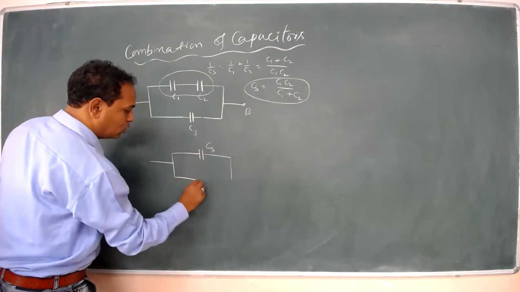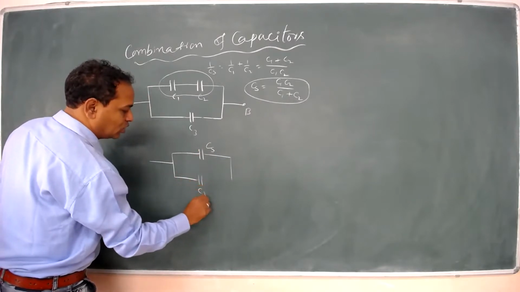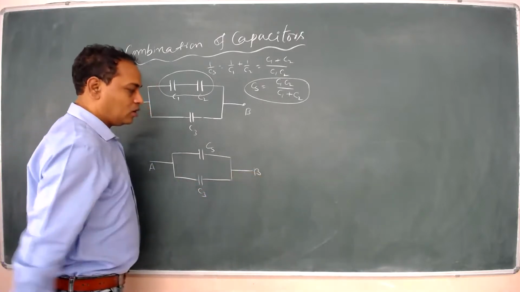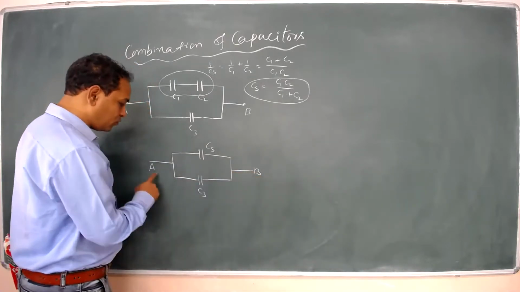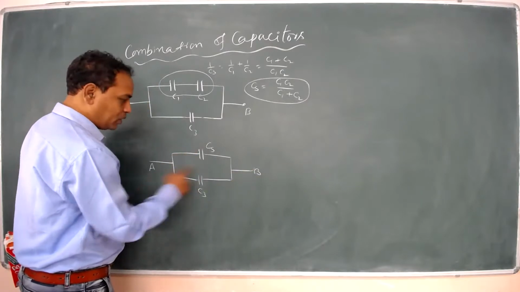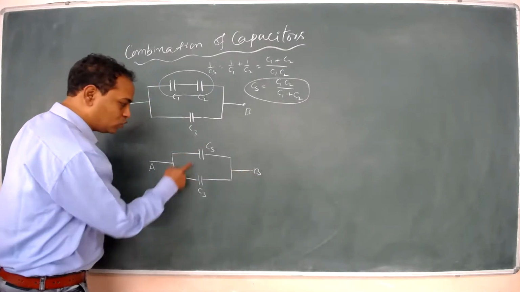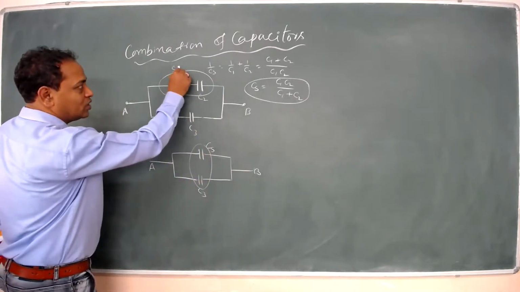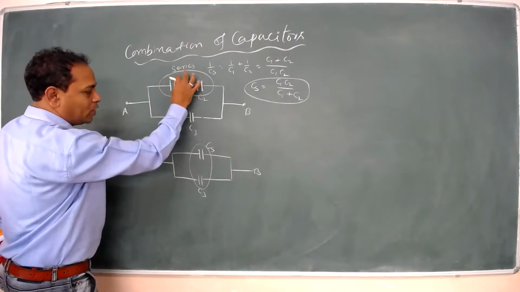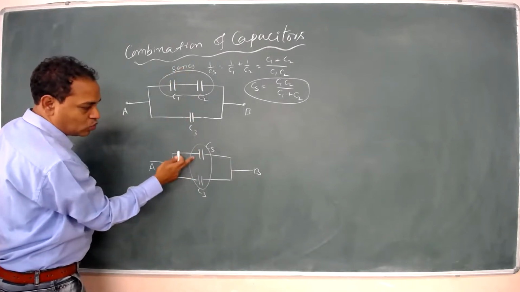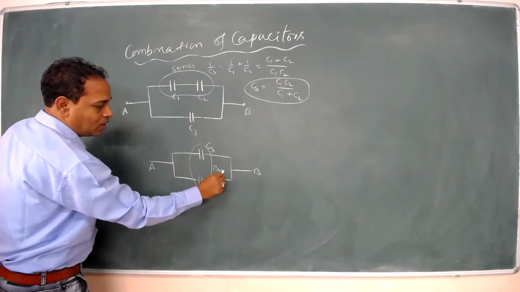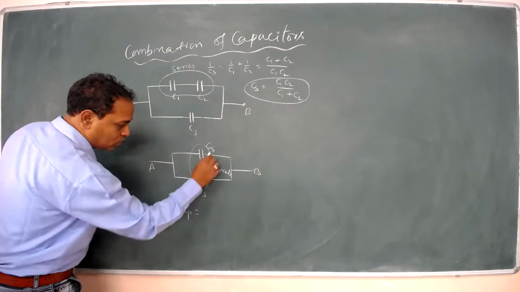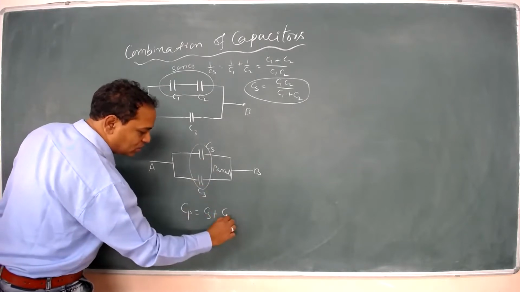Now one more is there, that is C3. This is A, this is B. Now what is the capacitance of these two capacitors between A and B? Initially these two were in series. After these two combine to make one, now Cs and C3 are in parallel. So for parallel, what is the formula? Cp is equal to Cs plus C3.